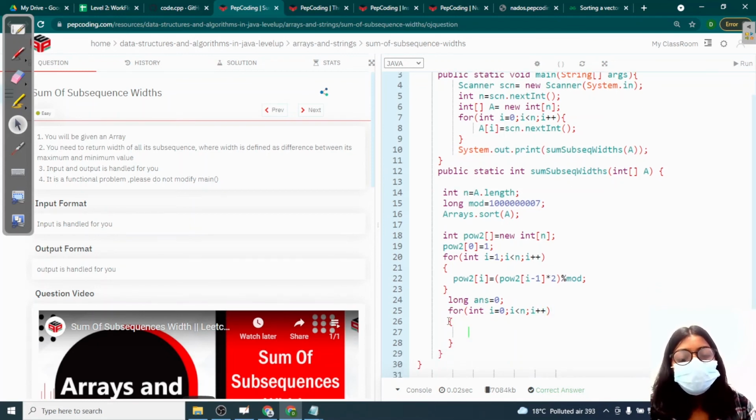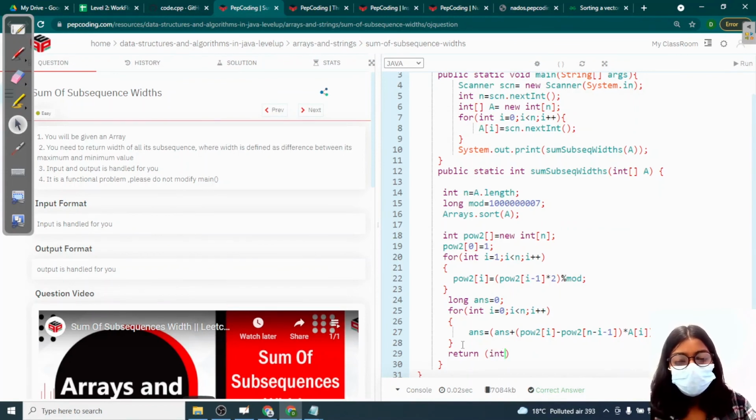Here answer will be equal to answer, that is my previous width, plus power 2 of I minus power 2 of n minus I minus 1, and multiply this with my a of I. After that, mod this with my mod. And then return my answer.